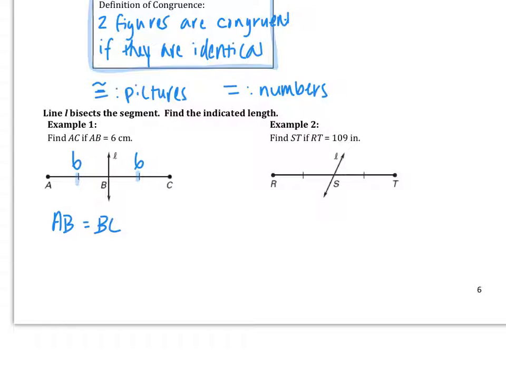So using our segment addition, AB plus BC equals AC. Well, 6 plus 6 equals AC. So 12 equals AC. And I know a lot of you could probably do that in a lot less steps than that. You do not have to show quite that many steps. I just want to make sure everyone understands how I got that 12.